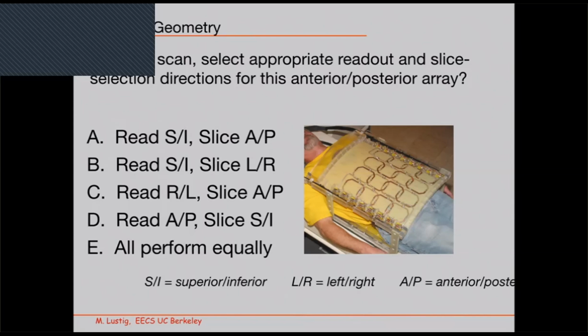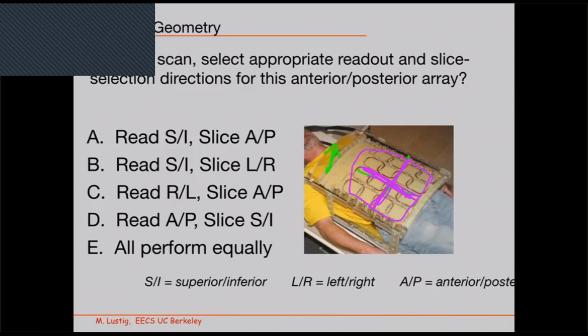If my arrow goes through the body, that would be the readout. Then in these 2 dimensions, I would have the phase encodes, and I have 16 effective channels in those 2 directions. Does that make sense? Because it's a 4 by 4, and this is the phase encode plane.